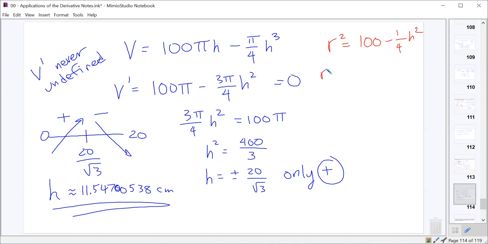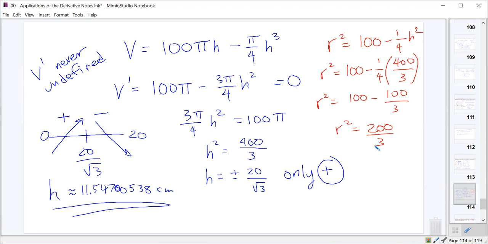So that will be R squared is equal to 100 minus 1/4 of 20 over root 3 squared, which is 400 thirds, which gives us R squared is 100 minus 100 thirds, which would be R squared equals 200 thirds. If we simplify that down after we square root, R is going to be the square root of 200 over the square root of 3, which would be 10 root 2 over root 3 centimeters as well.